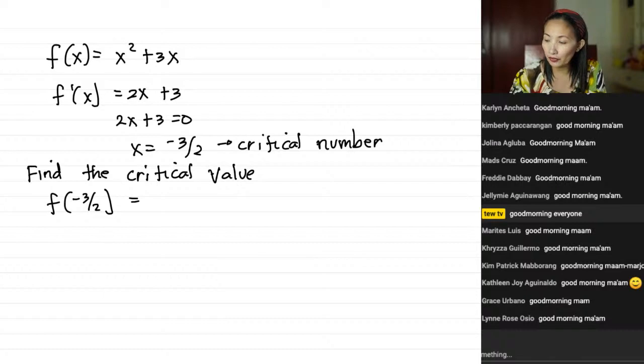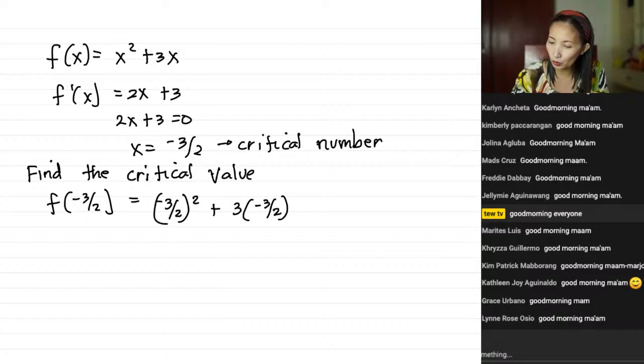So, f of negative 3/2 is negative 3/2 squared plus 3 times negative 3/2. What is it equal to? 3/2 squared is 9 over 4, minus 9 over 2.